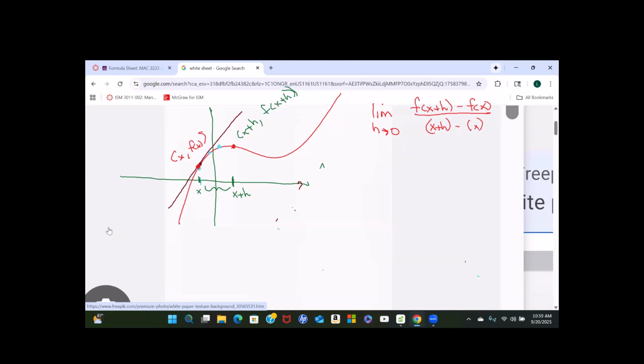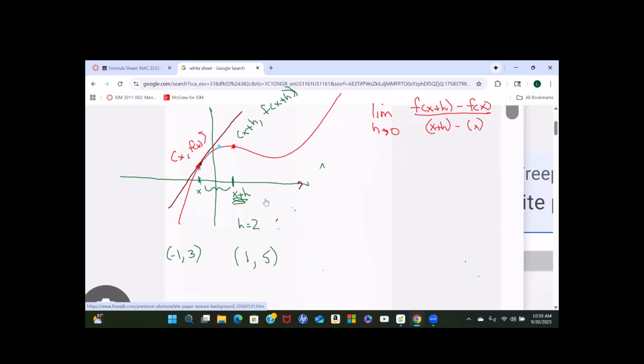Does that make sense? Well, I just replaced this with x. And if I put whatever number this is into the function, I'll get f of x plus h. Like if x is 1, y is 3, and I say h is 2, this is -1. So here, this would be 1, comma, 5, right?